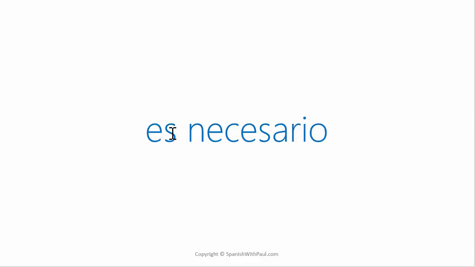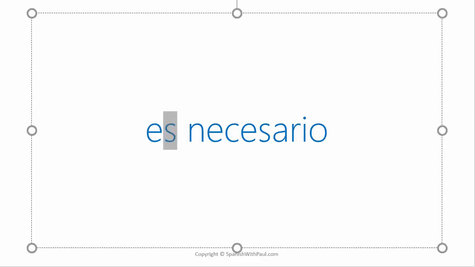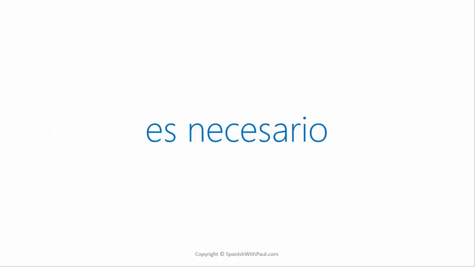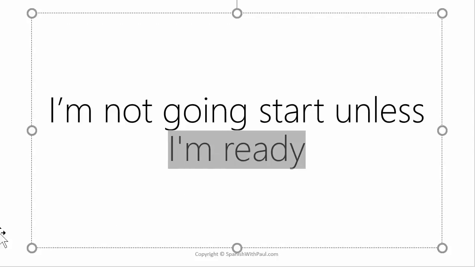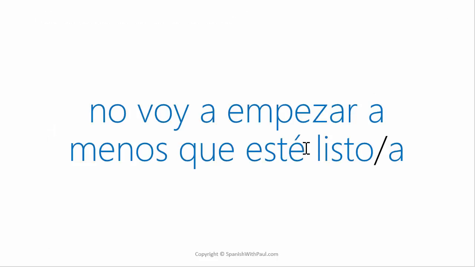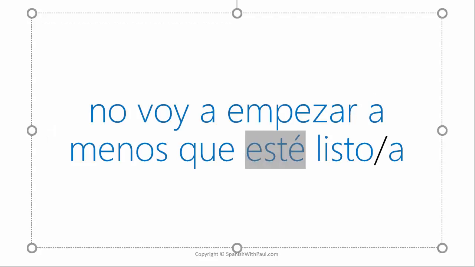So you knew that you were on the ser side, and that would take you into sea. Equally for this sentence, we have unless I'm ready. So you just isolate it and say, well, how would I simply say I'm ready in the present tense, which is estoy listo. So now you know that you are on the estar side, and that will push you into esté. That approach will certainly help you a lot, and we'll be doing dedicated lessons on this quite soon.